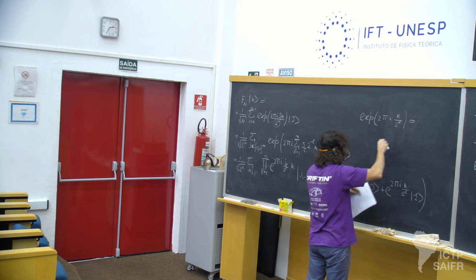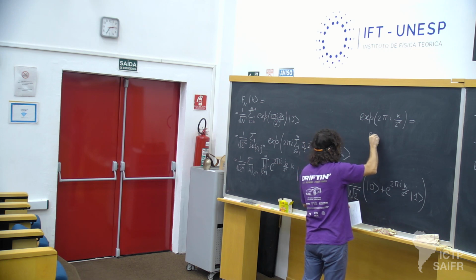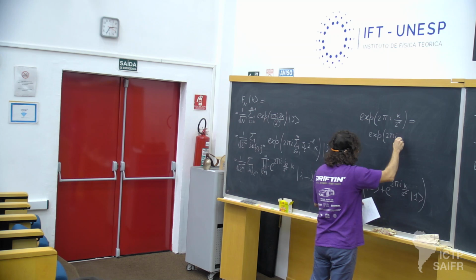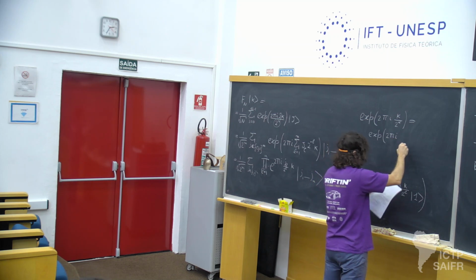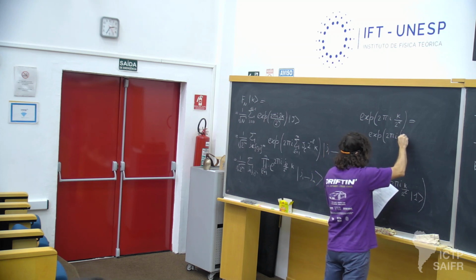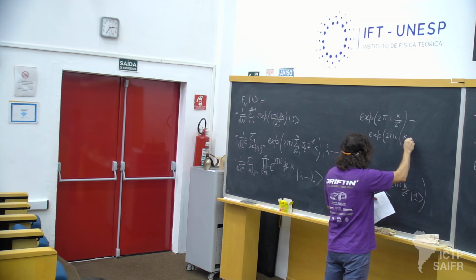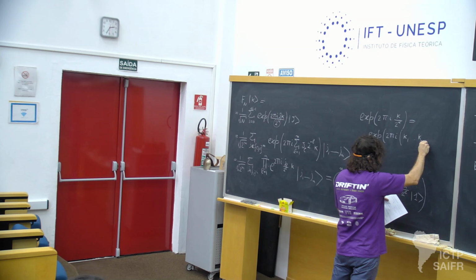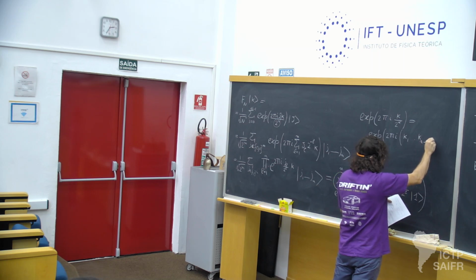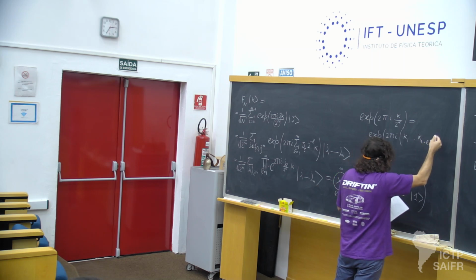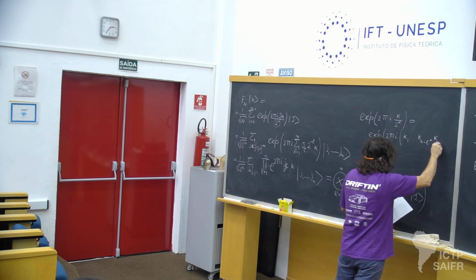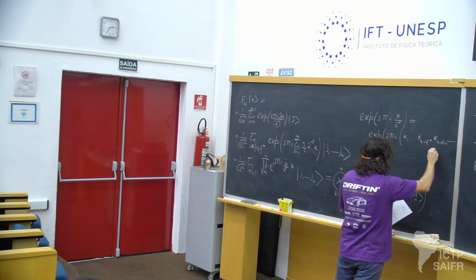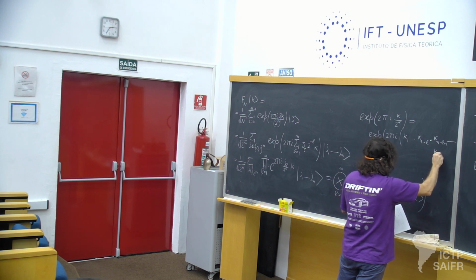This can be written as the exponential of 2 pi i times k1 up to k_{n-L} dot k_{n-L+1} up to k_n.